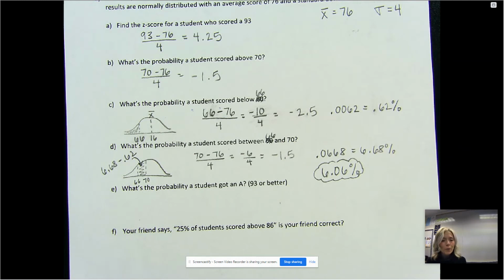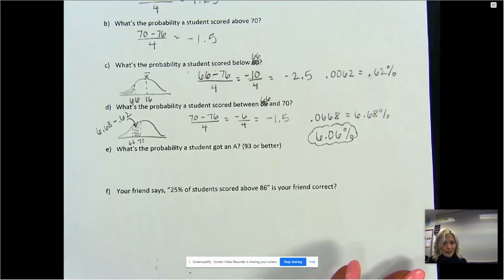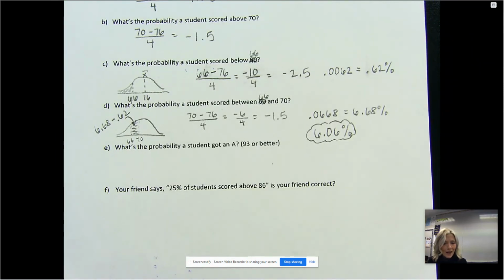Okay, so what's the probability a student got an A, which is 93 or higher? This is happening again. I'm just going to go ahead and find the z-score and use this as is. It's not going to be on our table, but it's okay. So, got a 93% or better.